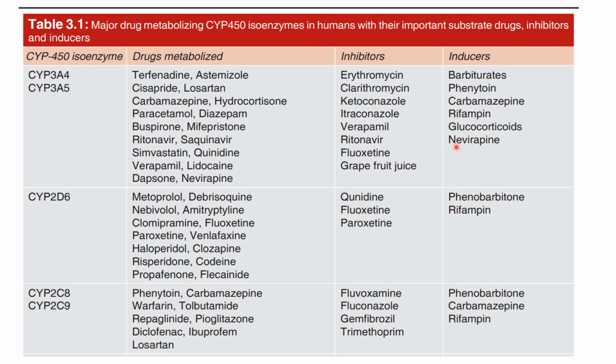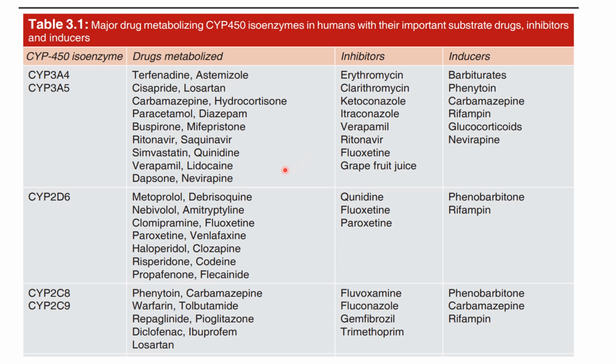And similarly, these are the drugs which induce this enzyme, that means they increase the synthesis of this enzyme. So when any of these enzyme inducers is given along with these drugs, the metabolism of the drug will be fastened, there will be an increased rate of metabolism because of this enzyme induction, and there might be a reduction in the therapeutic effect of the drug.